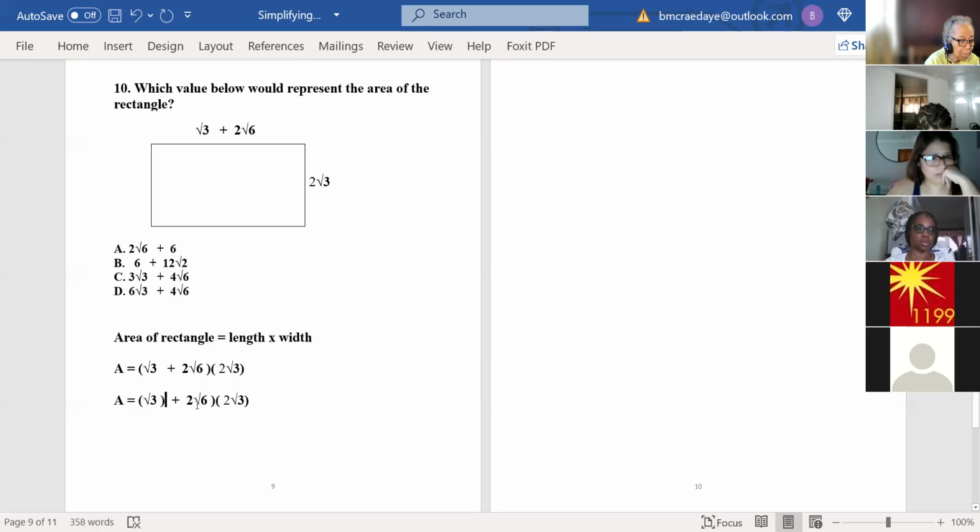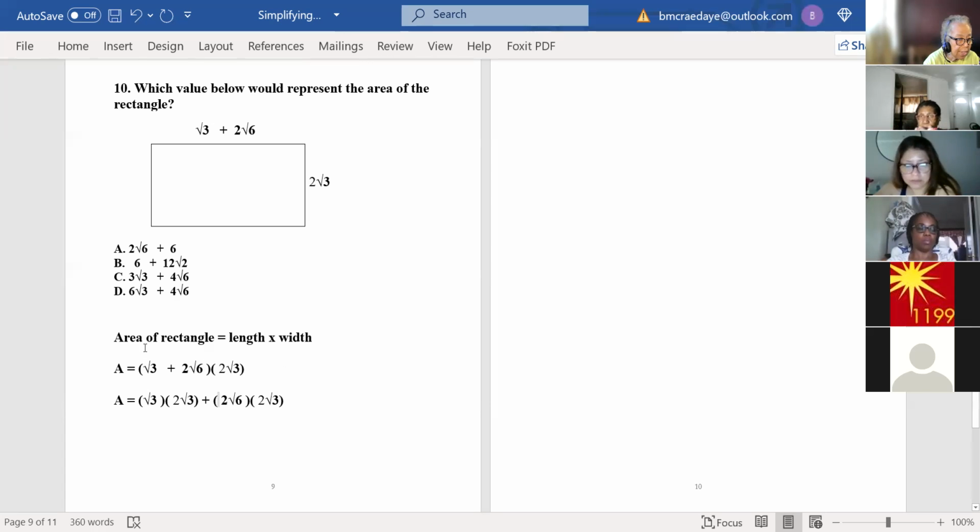3 square root of 3 times 2 times square root of 3. So it's square root of 3 times this radical and also this times this. So this will be plus, in parentheses.